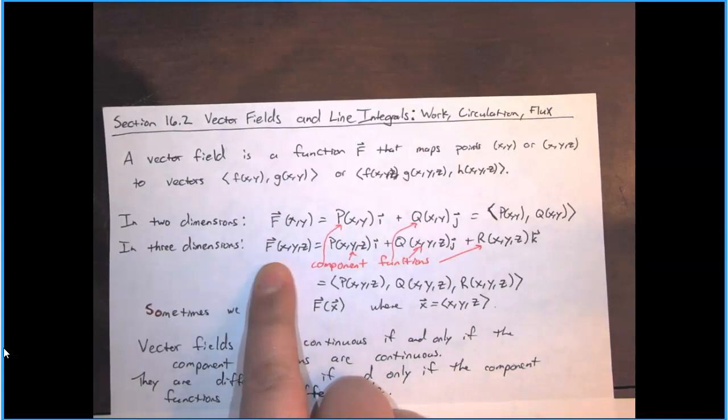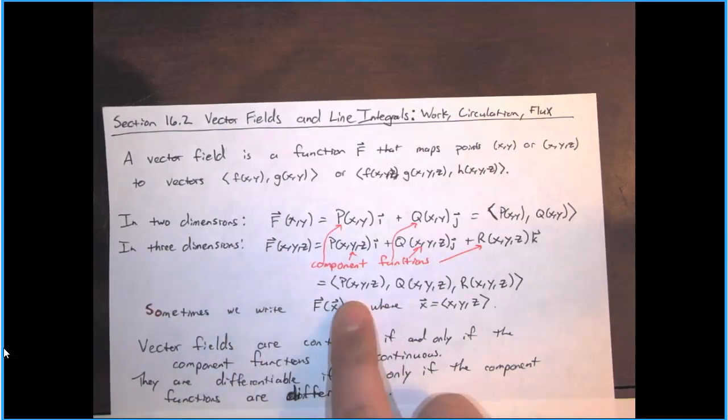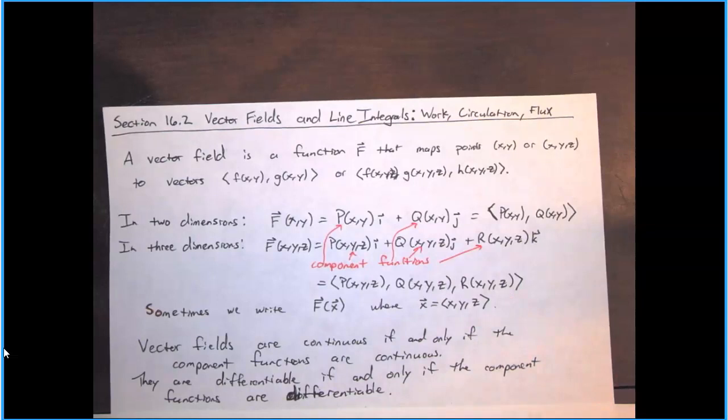And if F is a continuous vector field, then that means all 3, P, Q, and R, have to be continuous. It works both ways. Same thing for differentiability. Vector fields are differentiable if and only if the component functions are differentiable, meaning that the partial derivatives exist, and they're continuous on an open region containing the domain.